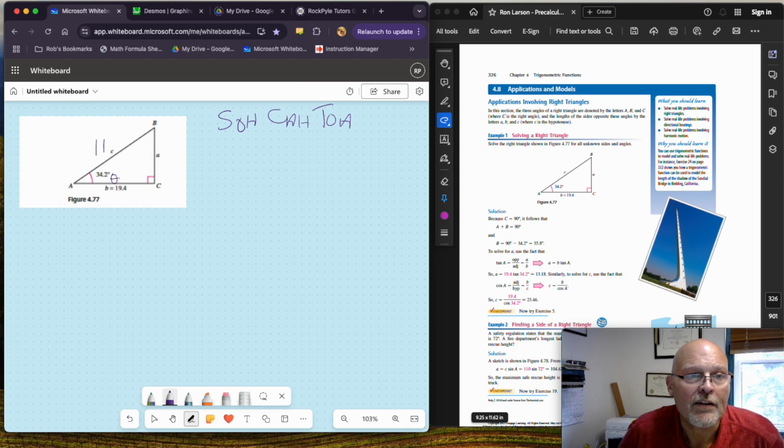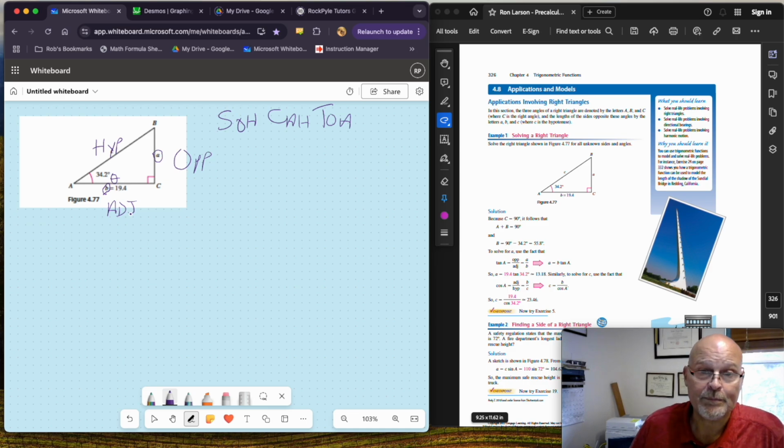This is the hypotenuse, and that one won't change depending on the angle. The side with the same letter, or the opposite side, is the opposite. And if they've got them labeled, the side with the different letter than the angle is the adjacent. Hopefully you'll be able to remember that.